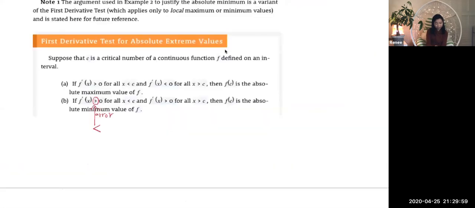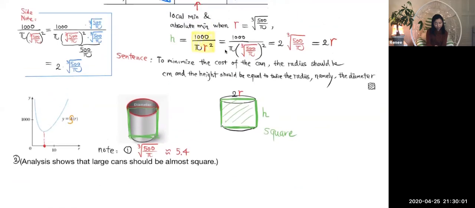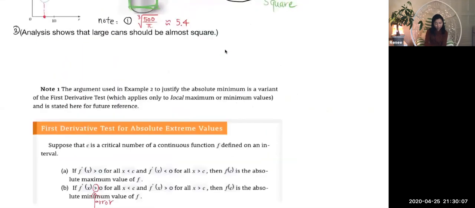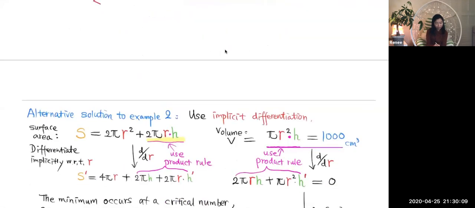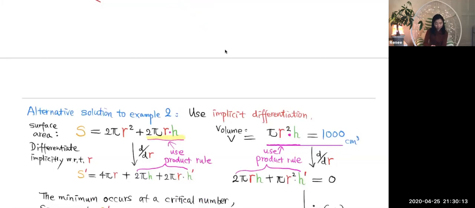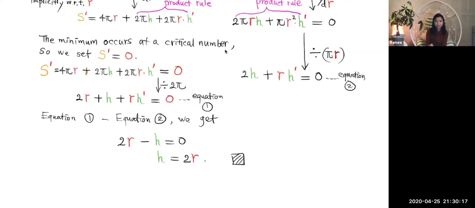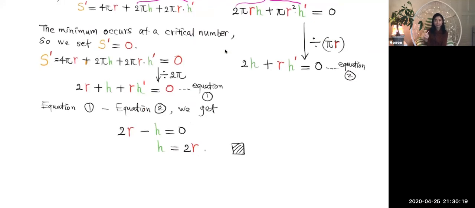So as we expected, h is equal to r, okay? So that is an alternative way to solve example 2 using implicit differentiation, okay? So that's the end for example 2. Don't forget to do homework, okay? All right, thank you.